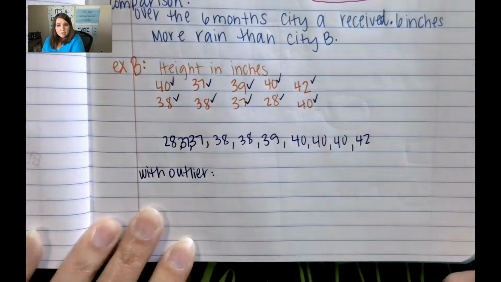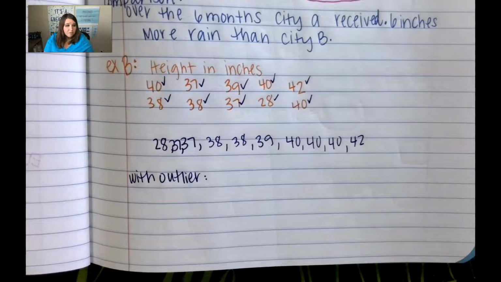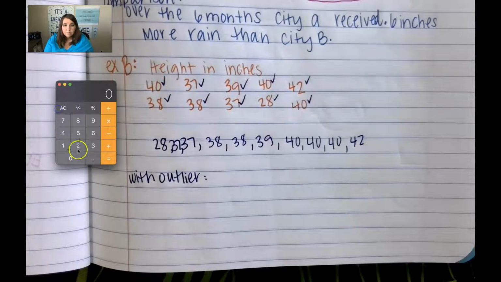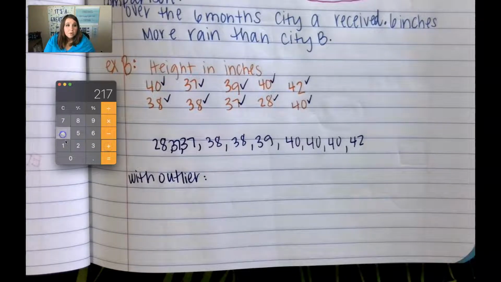Let's go ahead and add all those up and find our average. So our average starts with 28 and 37 plus 37 plus 38 plus 38 plus 39 plus 40. 1, 2, 3 40s and a 42.